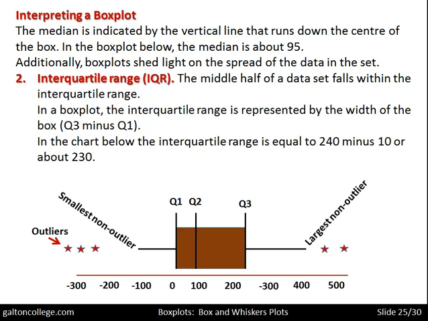In the chart, the interquartile range is equal to 240 minus 10, or about 230. So the interquartile range is the difference between Q3 and Q1. And again, the box plot represents this. It shows us where it falls. It falls in that range.